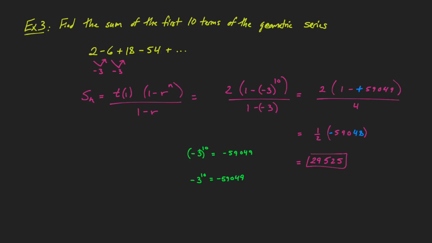And we should get, let me erase the final answer, so it's 1/2 of 59,048. That's 1/2 of that. You get 29,524. I can't forget the negative. And there we go. And that's what you have as an answer for this finite geometric series.